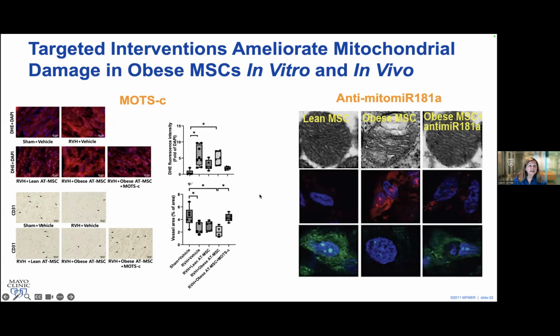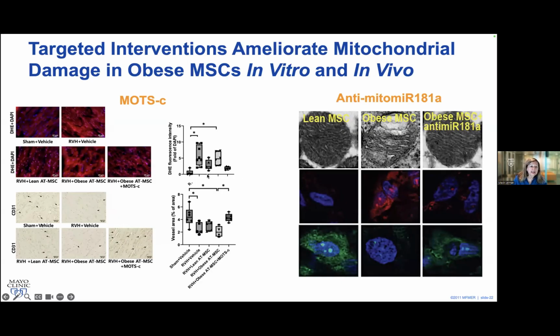On the left, you can see some in vivo studies in which we infused MSC that had been pre-treated with MOTS-c. This is the mitochondrial-derived peptide that I mentioned a little earlier. We used a similar protocol to the one I showed you before. And you can see here on the top panel DHE staining, dihydroethidium, which detects cardiac oxidative stress.